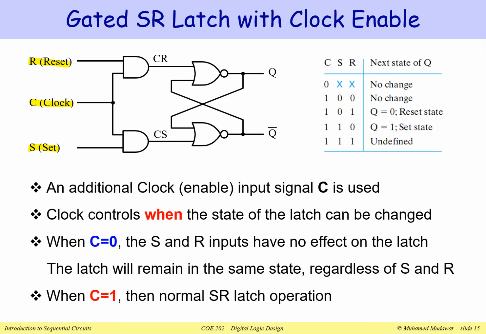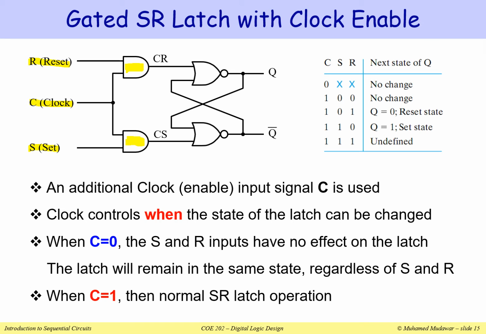In order to do this, I need two AND gates. These two AND gates are called enabling gates. Why? Because their outputs will be R and S when the clock is high, and their outputs will be 0 and 0 when the clock is low.